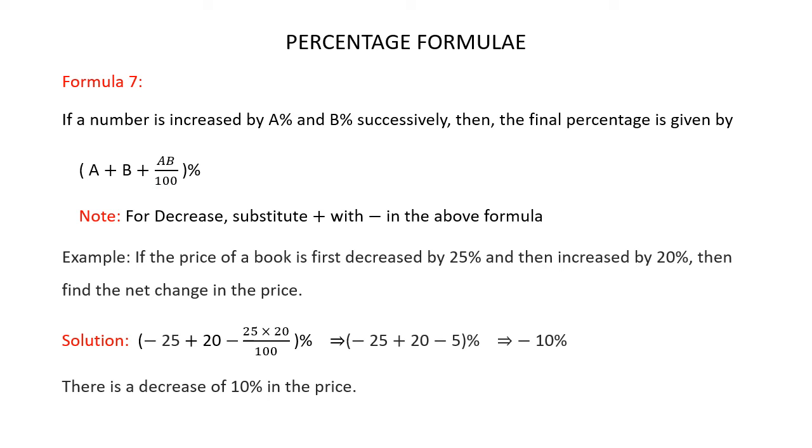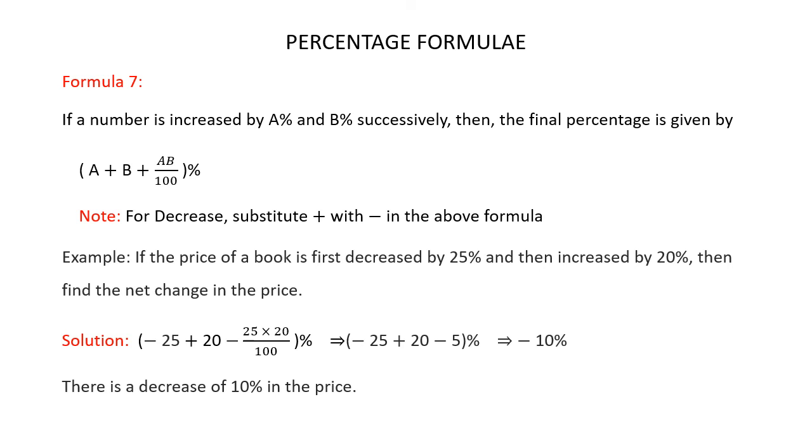Here A is 25 and B is 20. Since the price of the book is first decreased by 25%, A becomes minus 25. And then the price is increased by 20%. So, B becomes plus 20. So, substitute these values in the formula.